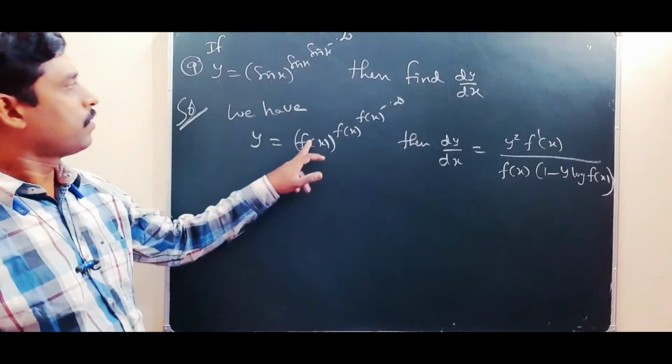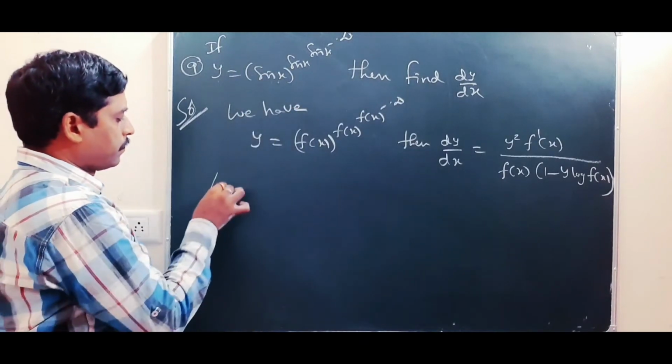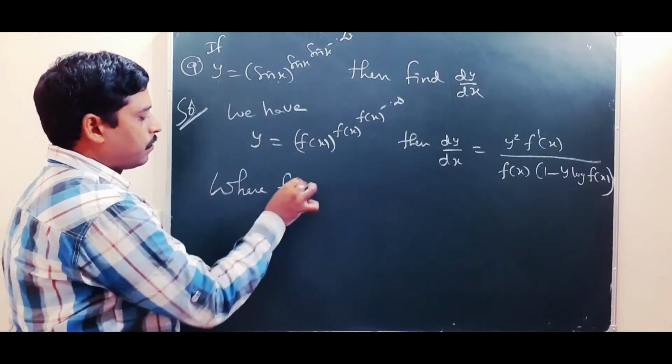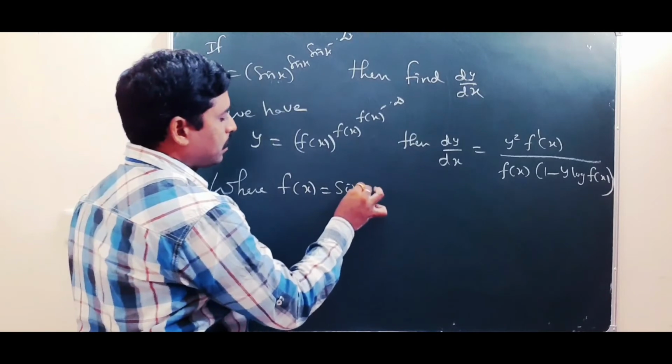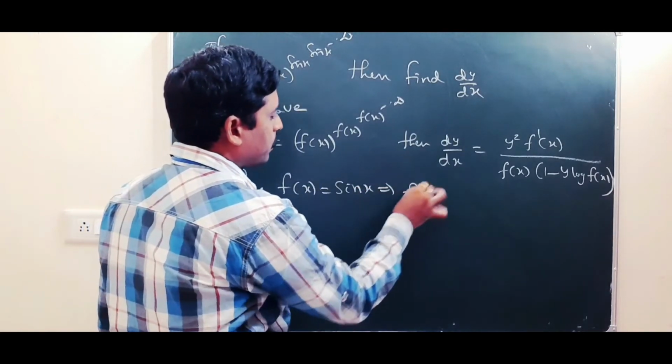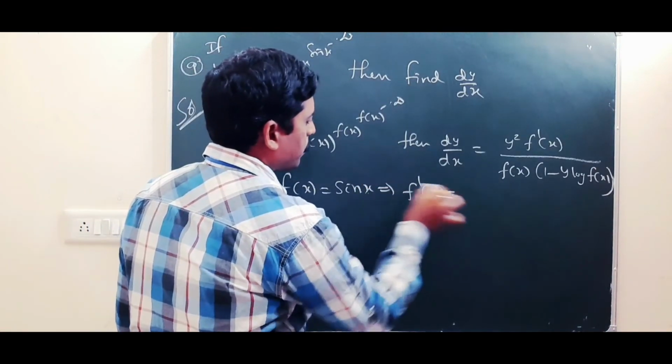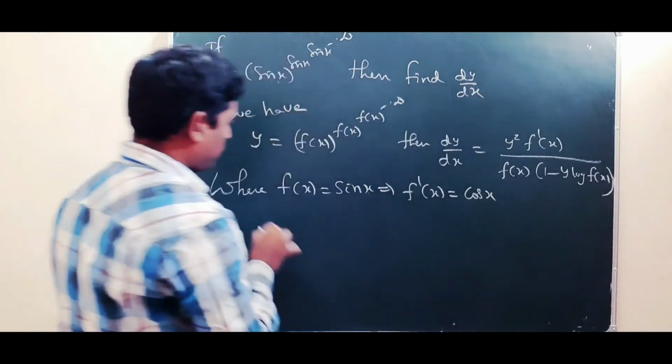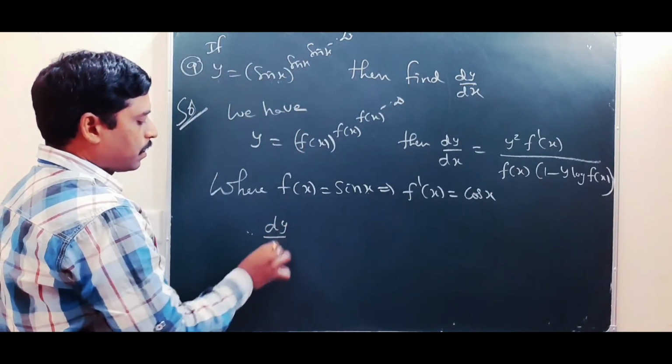Okay, where f of x is equal to sin x. So the derivative of f of x will be f dash x. The derivative of sin x is cos x. What is required? dy by dx.